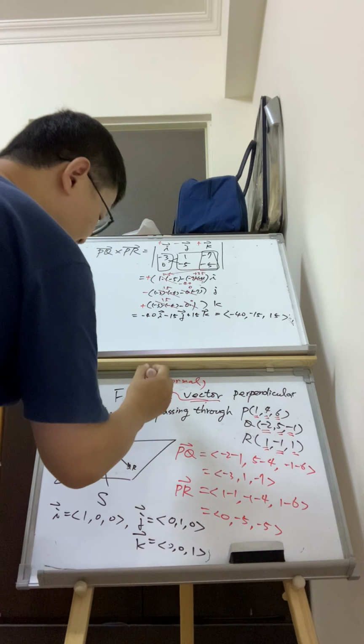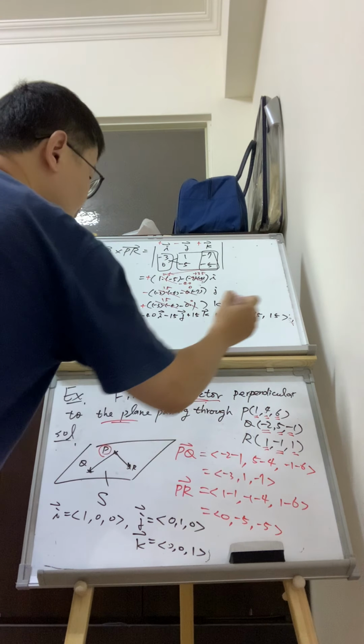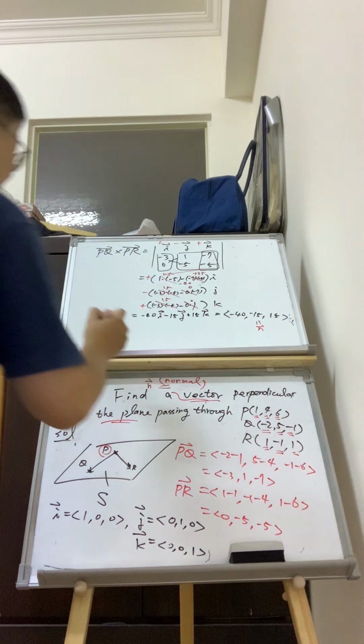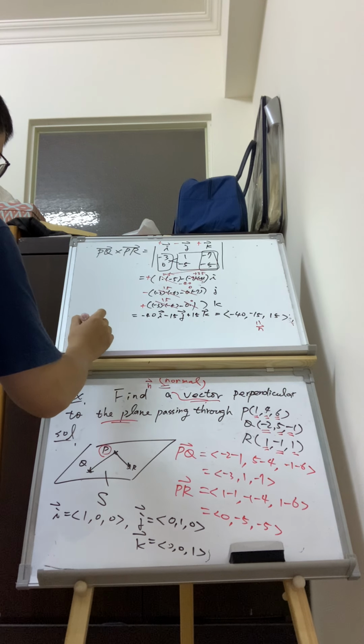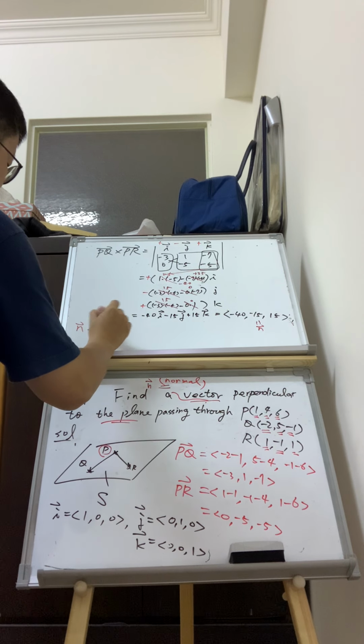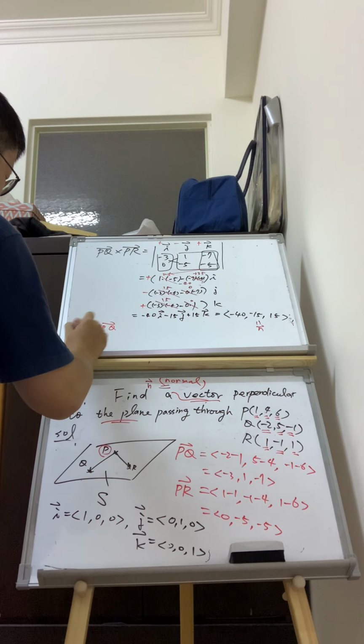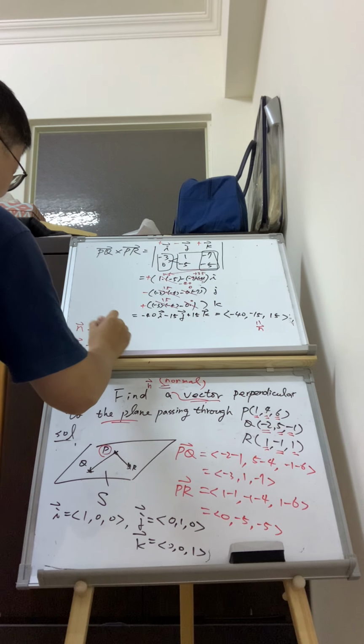For the normal vector, sometimes we denote it by n. The normal vector, as we say, is orthogonal to the vector PQ, and it's also orthogonal to the vector PR.